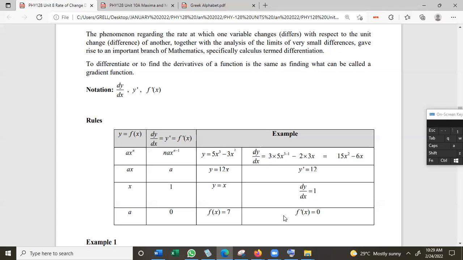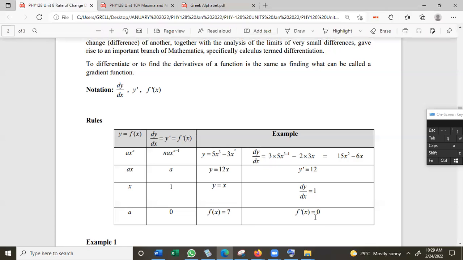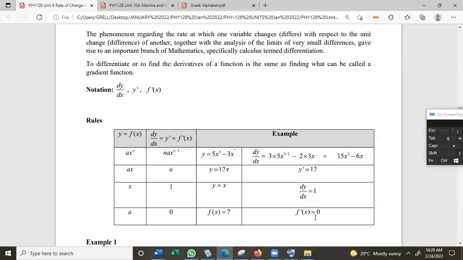When x changes by 1, y changes by 0. So the gradient of any constant number is 0, because y does not change when x is changing. So this is a summary of the rules for a polynomial ax to the n. All right.